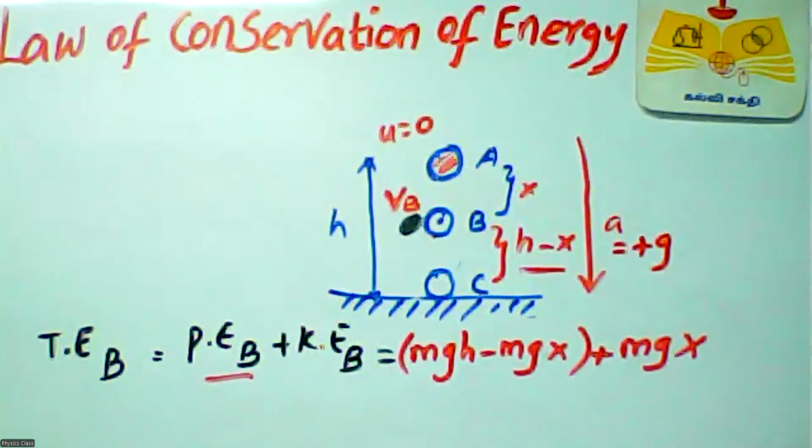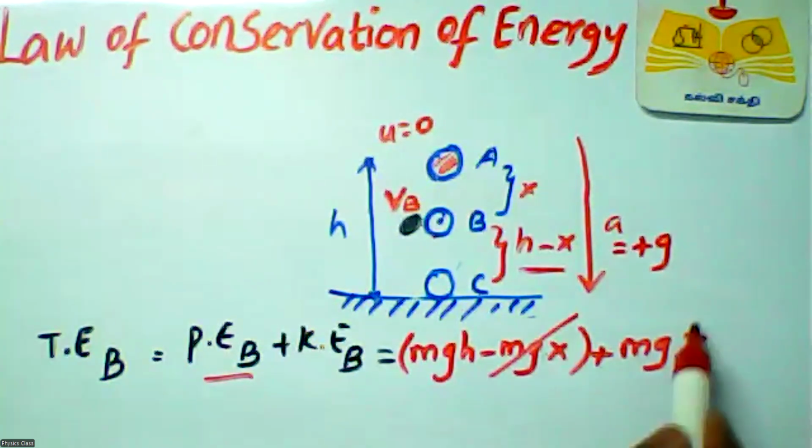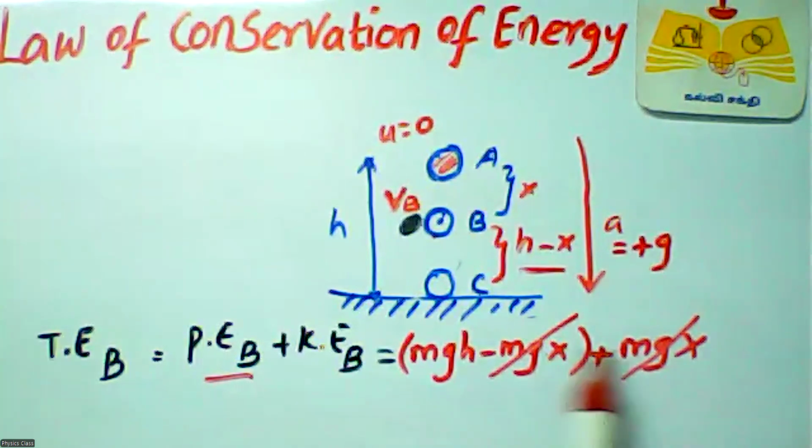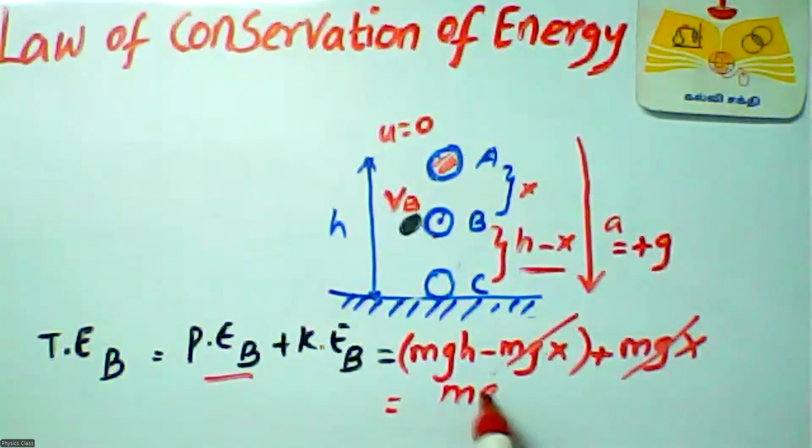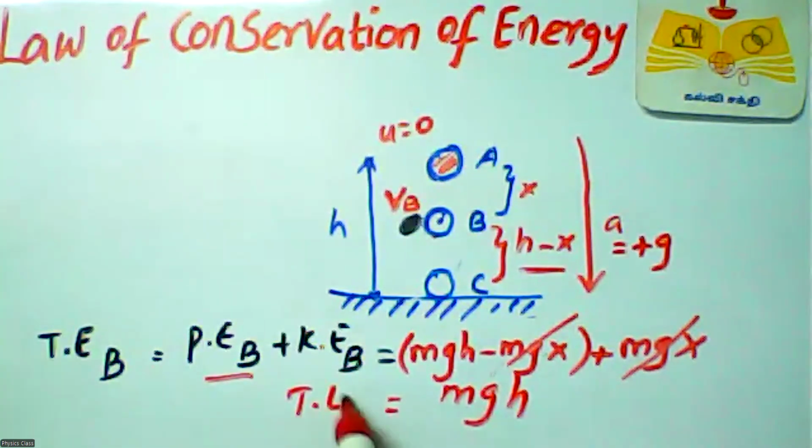Clear? So now you can cancel out plus and minus because the same quantity is there. You can see mgx, but the sign is different, plus and minus. So you get only mgh. That is the total mechanical energy. Potential energy only is there: mgh.